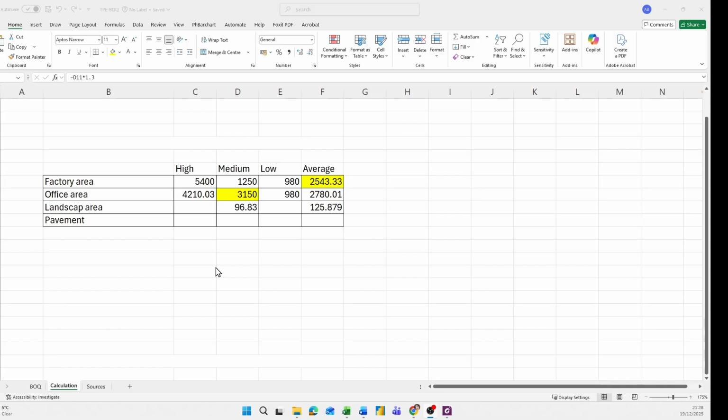I initially found a rate of 96 per square meter, which represents basic or normal landscaping. However, after reviewing market data through Google and other reference books, I feel this rate was slightly low. Therefore, I increased the rate to 125 by adding 30%.